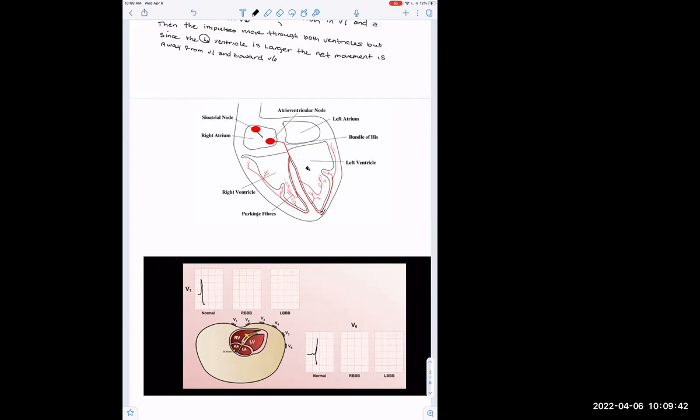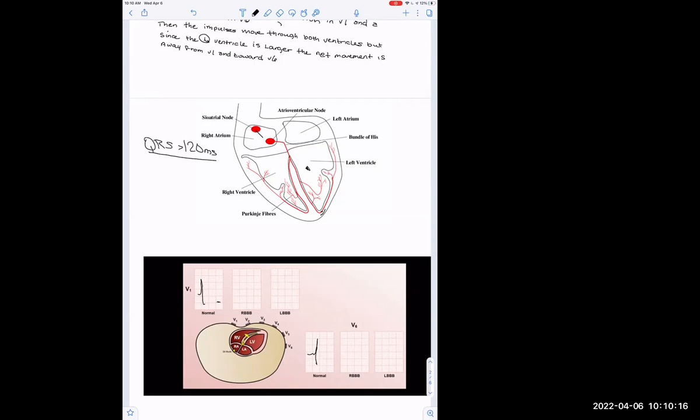One criterion that absolutely must be met before you determine that something is a bundle branch block is that your QRS duration has to be greater than 120 milliseconds, or 3 small boxes.